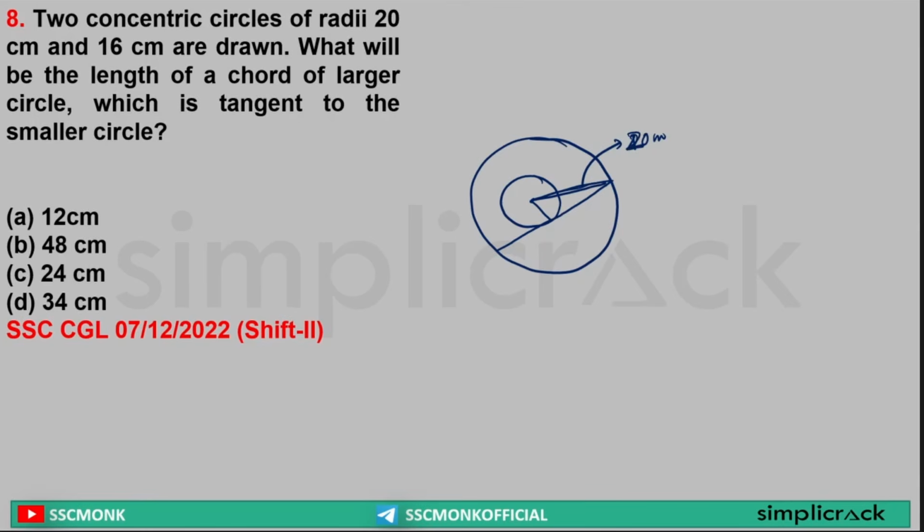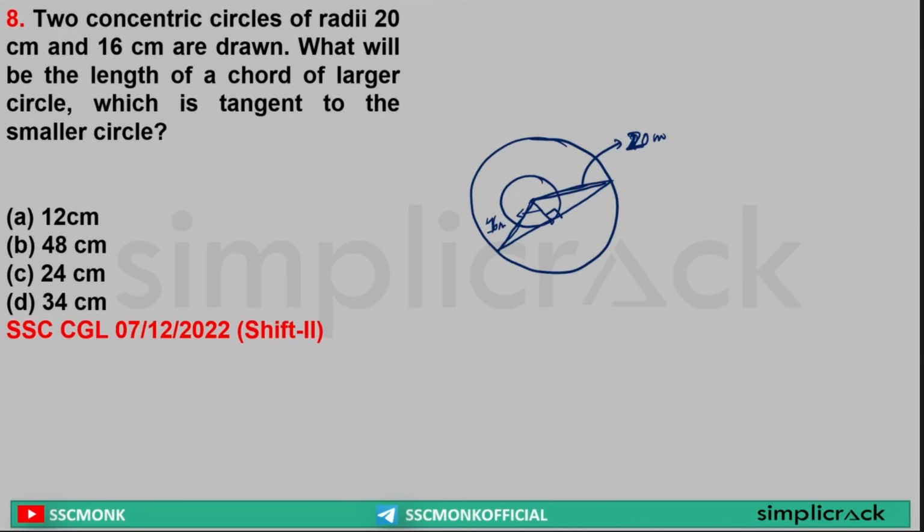Whenever I join the center and the tangent connecting point, it will always make a 90 degree angle. Clear? This part is equal to 16 centimeter because that is the smaller circle's radius. Now the same thing will happen this way. Yes or no? Same 16 centimeter, 20 centimeter.